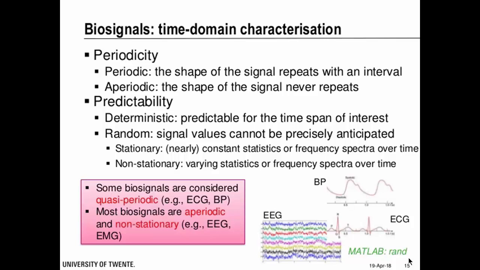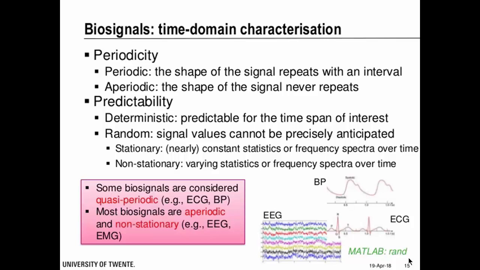An ECG, for example, is quasi periodic, as is measuring blood pressure: diastolic, systolic, diastolic, systolic, diastolic, systolic. That is quasi-periodic. It isn't random, and luckily for us, they're not random. But most biosignals are somewhat aperiodic and non-stationary. That is, they move.